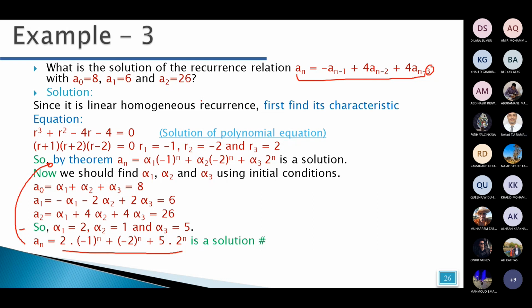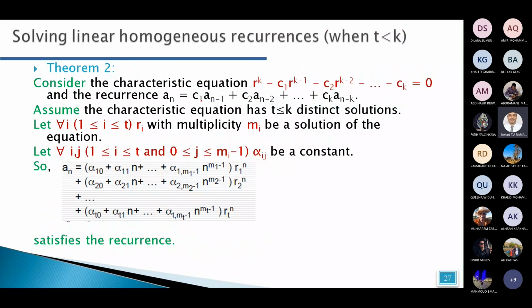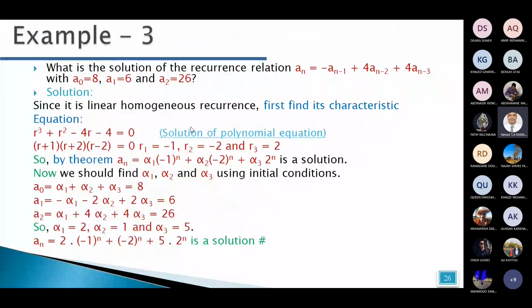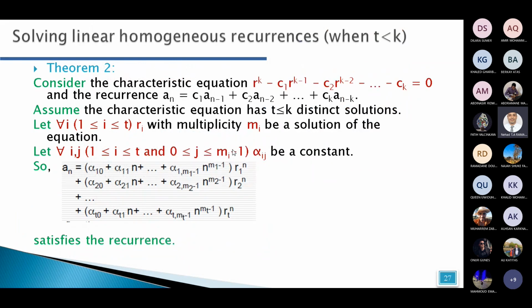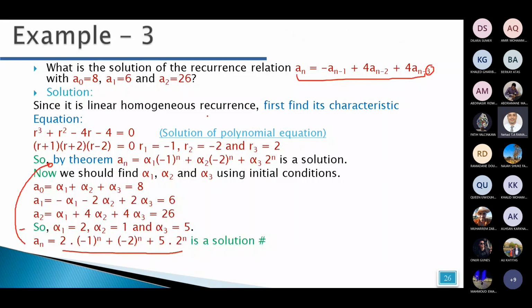Okay. So far we don't have a problem, because the number of terms here is equal to or more than the k of the characteristic equation, of the original equation.